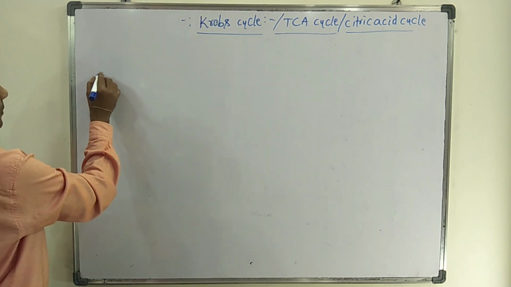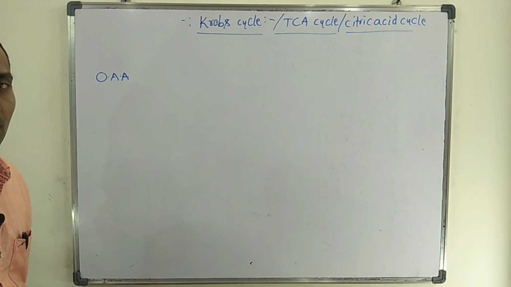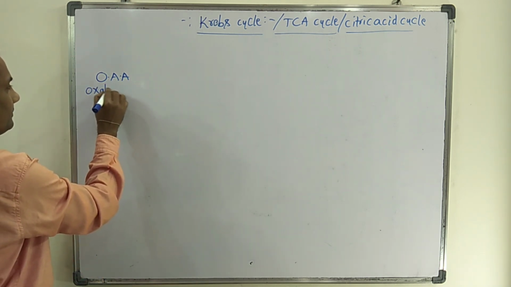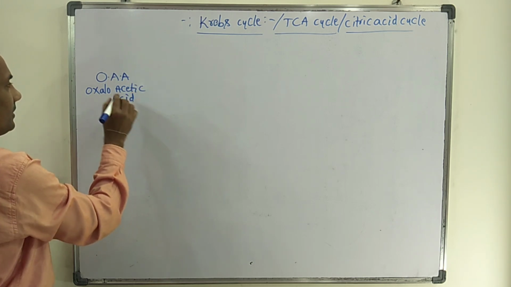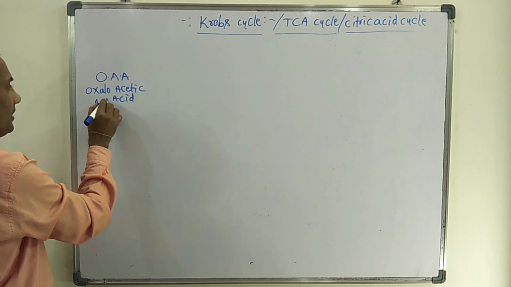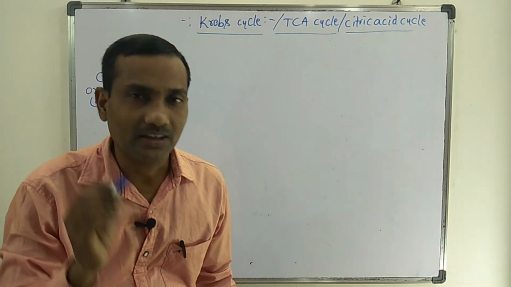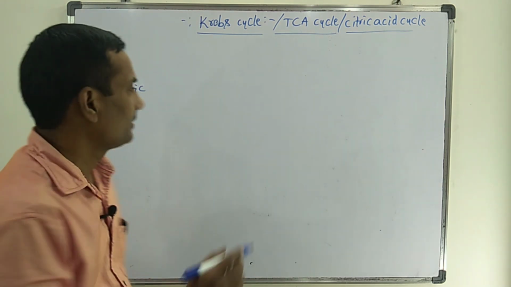First, OAA. That is the full form of OAA, oxaloacetic acid. This is a 4-carbon compound. That oxaloacetic acid is already in the matrix of the mitochondrion.